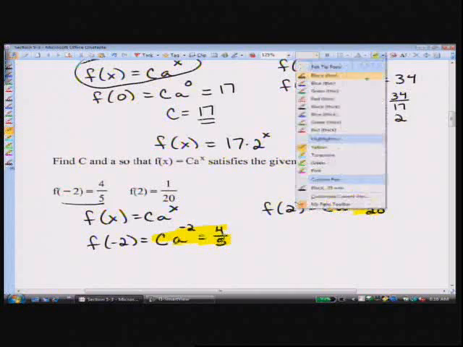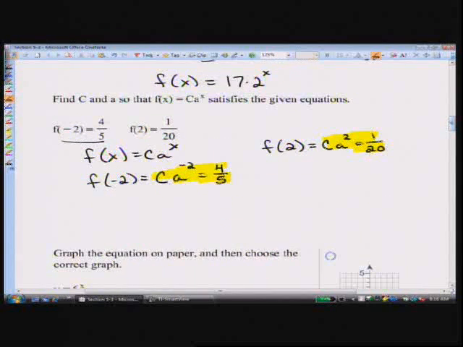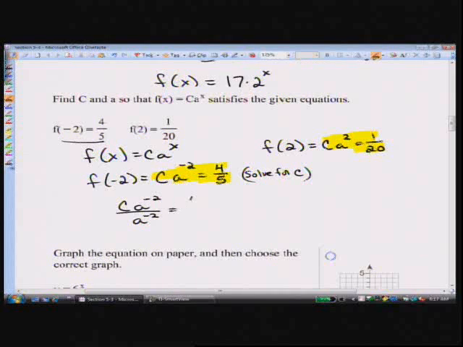So for example, I can take this equation right here and solve it for C. What I would do to solve this equation for C is divide both sides by A to the negative 2. So C A to the negative 2 divided by A to the negative 2 is equal to 4/5 divided by A to the negative 2.